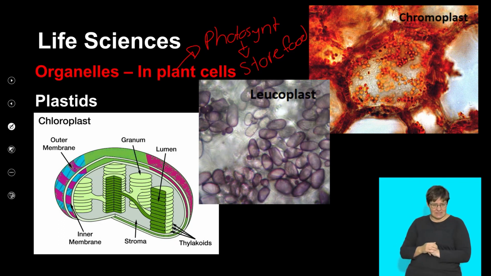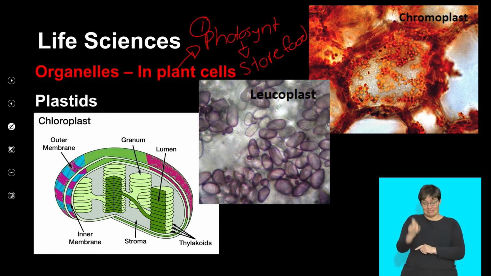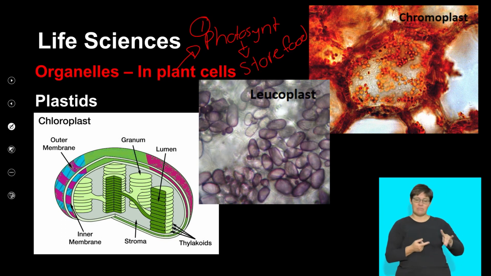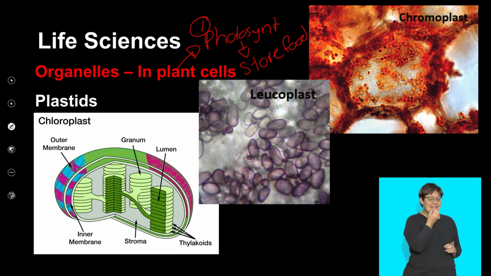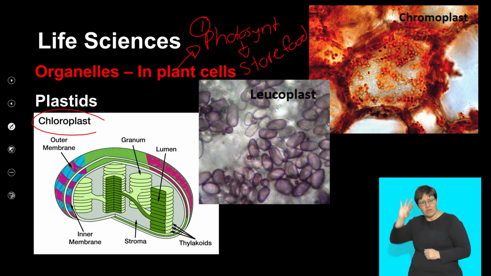The first thing plants are able to do is photosynthesize, right? We as animals cannot, we are heterotrophs, we need to eat. Plants can photosynthesize because they have got this very special plastid called a chloroplast.